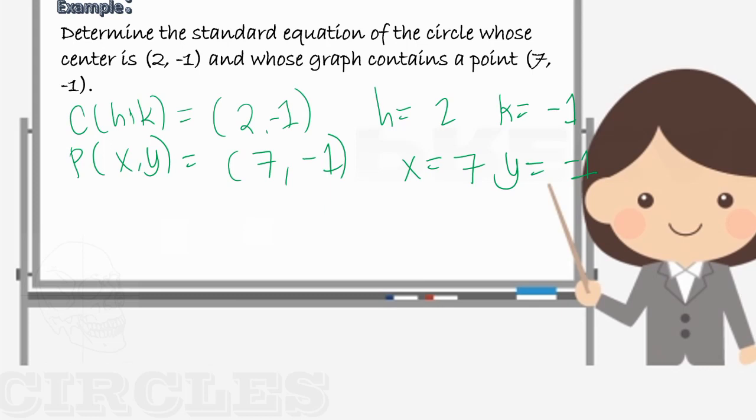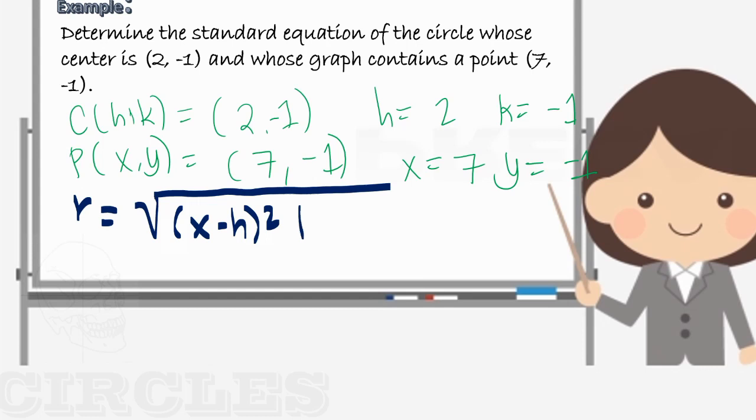Then, let's recall the formula given earlier. So, r is equal to square root of x minus h squared plus y minus k squared. And then, direct substitution.